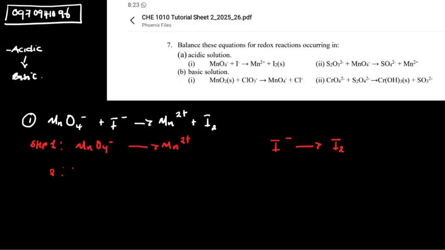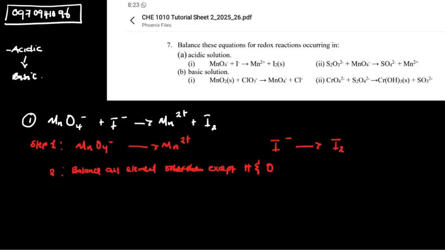Now, after step 1, step 2. Step 2 says balance all elements present other than oxygen and hydrogen, or we can simply say except hydrogen and oxygen.